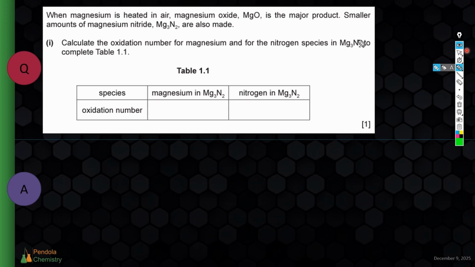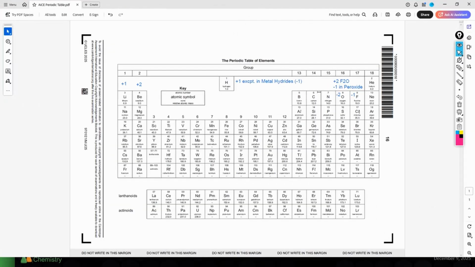Well, looking at this magnesium nitride compound, we need to figure out the oxidation number of magnesium and the oxidation number of nitrogen. Again, we need to remember our rules in order to do this properly. If I bring back the rules, there is no rule for nitrogen. However, because magnesium is a group 2 element, we know magnesium will be a +2 charge. Again, group 2 elements, according to the rules, are always +2.